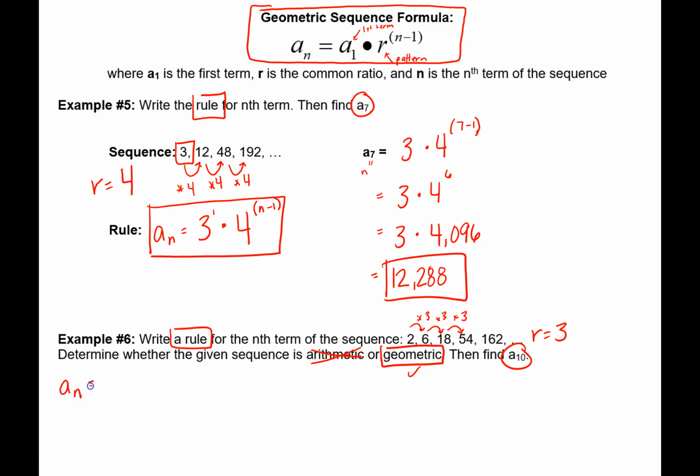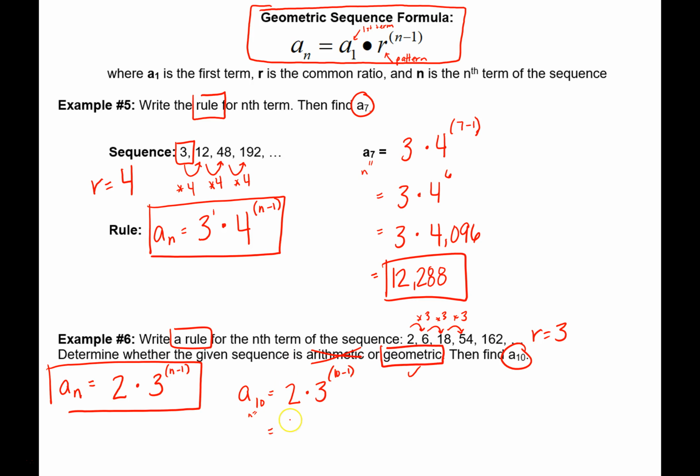So we're going to do a sub n. And the formula for geometric sequences says you write your first term in the list, a sub 1, that's 2. You multiply it by the ratio, that's 3, but that ratio is raised to the n minus 1 power. So that's my rule. And now I'm going to find a sub 10, meaning I'm going to plug the 10 in for n. 2 times 3 raised to the 10 minus 1.